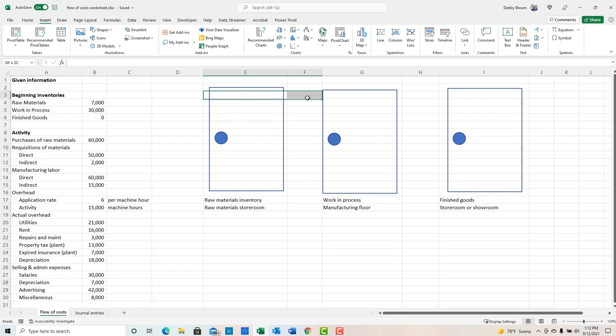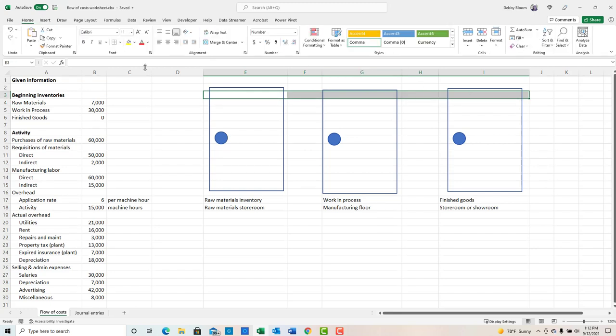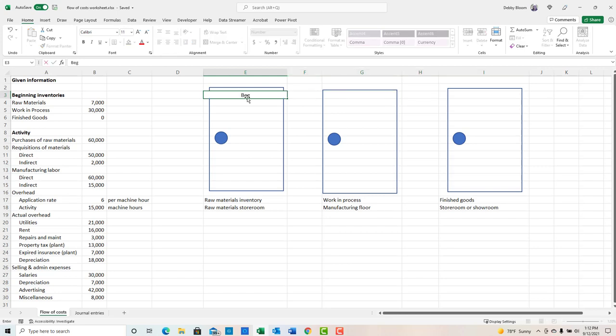There's 30,000 of goods in work in process, and actually there's 0 in finished goods. So let's put that in here. So in each case, we're going to have our beginning inventory. So it's going to kind of look like that when we come in.